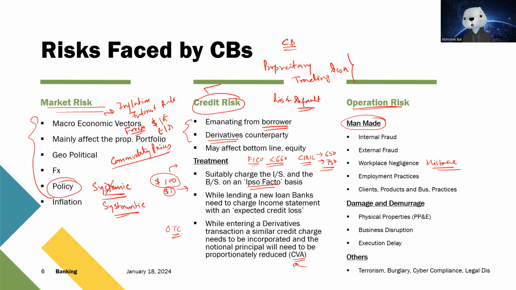So all of these things are actually part and parcel of something called the operational risk. In short, risks that cannot be grouped under market risk, credit risk, or liquidity risk, we typically group under operational risk. Of course, excluding the strategic or reputational risk.